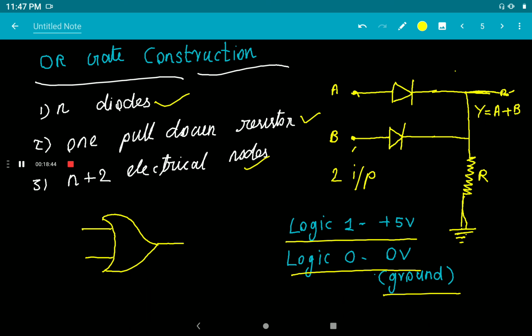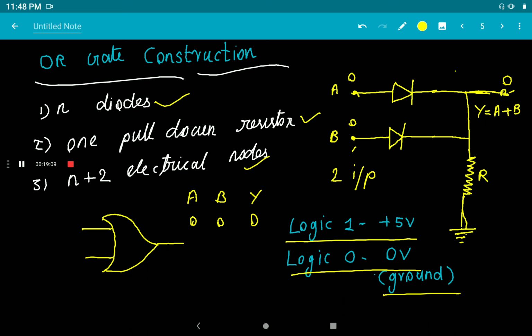So if both the inputs are unconnected, that means if both the inputs A and B are not connected, both are at 0 volt. What happens? The output will also be held at 0 volt. If both inputs are 0, the output will be 0.